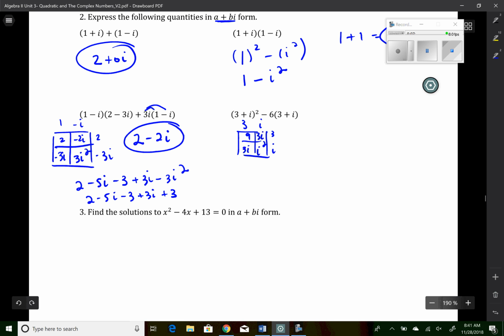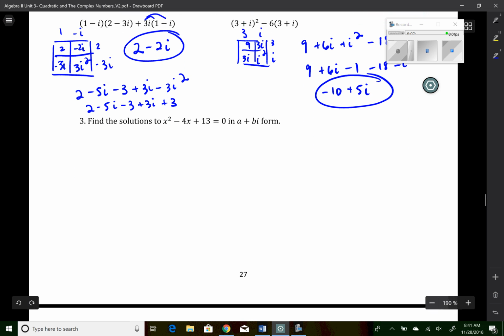So that's going to wind up giving me 9 plus 6i plus i squared minus 18 minus i. i squared, remember, is negative 1, so it becomes 9 plus 6i minus 1 minus 18 minus i. Combine up all your like terms, so I have 9, negative 1, and negative 18, so that becomes negative 10. 6i and negative 1i makes positive 5i.